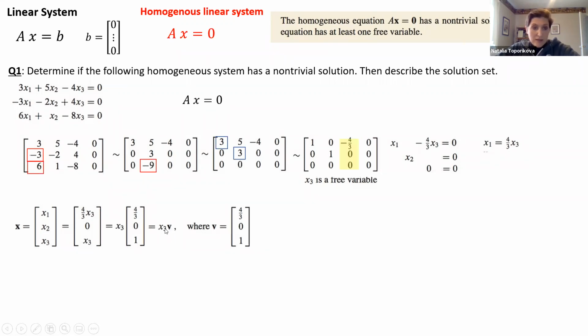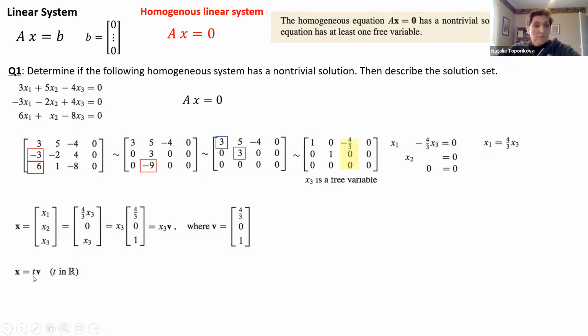Again, x3 can be anything, but sometimes it's mentally really hard to think about it. So let's go even further. Because x3 can be absolutely any number, we just replace it with the letter t, and t can be any number in R. Again, it's just notation. It makes it easier for you to think, because when you start to think about x3, your mind will jump into the system of equations, and it's not always healthy.